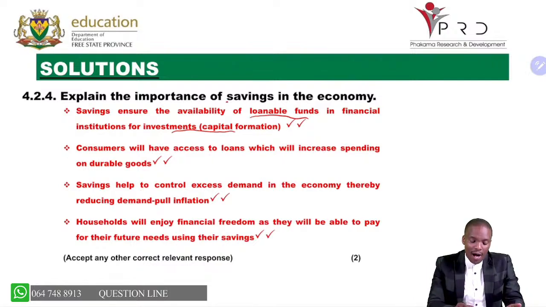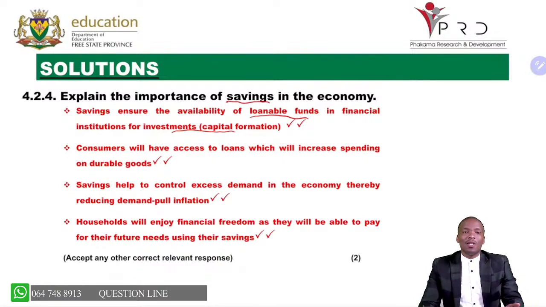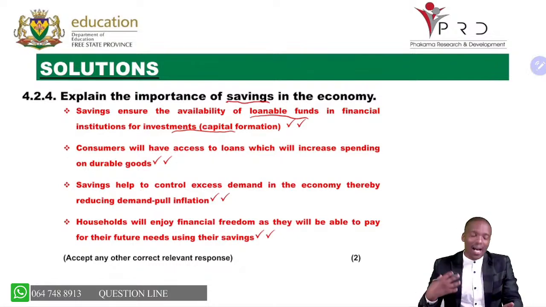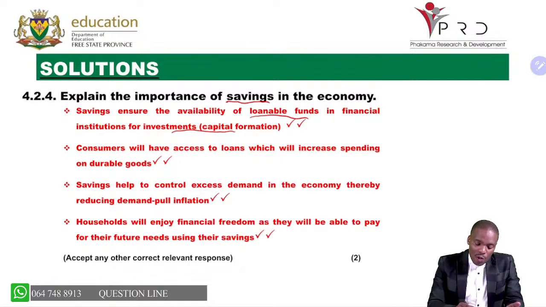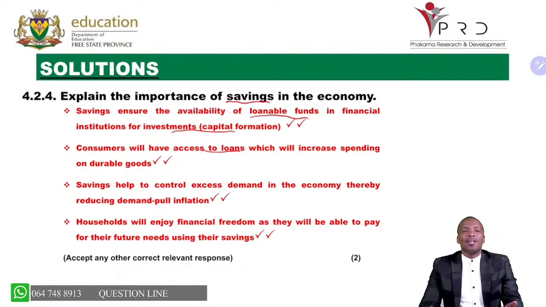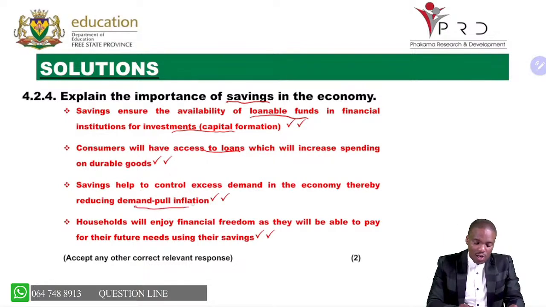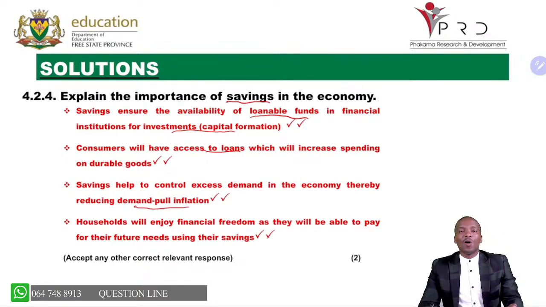Why are savings important in the economy? It does not only benefit the economy, but also benefits us as consumers at the end of the day, where those who want loans will be able to have access to those loans through savings. And then it also reduces demand-pull inflation, because if people have too much money to spend, demand for goods and services increases, and when that happens, inflation is likely to increase.